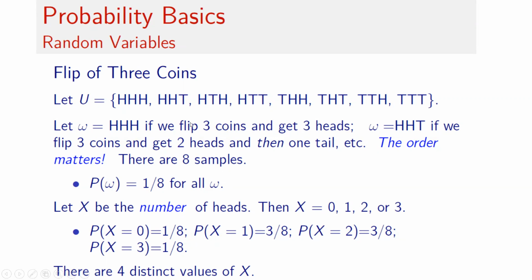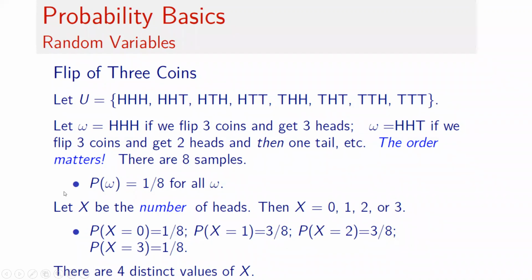The probability of lowercase omega is 1 divided by 8, because the probability of obtaining one of the samples is 1 divided by the total number of samples, 1 divided by 8. And that is for all the omegas.